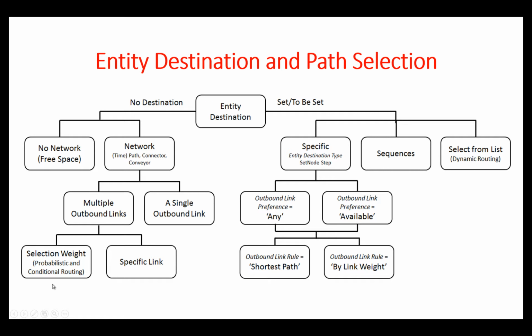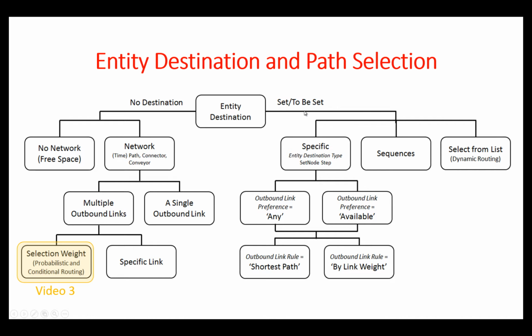And we also talked about selection weights. In this video, we're going to focus more on this concept, and we will learn how we can use the selection weight property of our link objects to perform probabilistic and conditional routing.